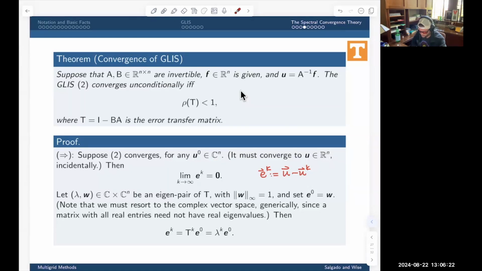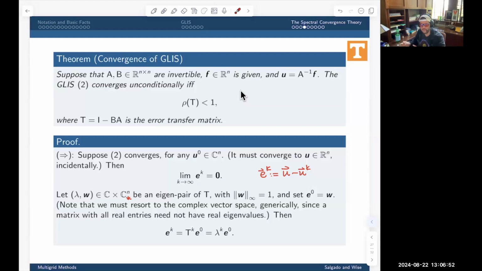Now we have to switch a little bit to the complex field. And this is because even though T is a real matrix, its eigenvalues are not necessarily real. They could be complex. So suppose that we have an eigenpair. That means a pair of a complex number and a complex vector of length n. Actually, I should be a little more clear here. This is a complex number and a complex vector that is not equal to the 0 vector.